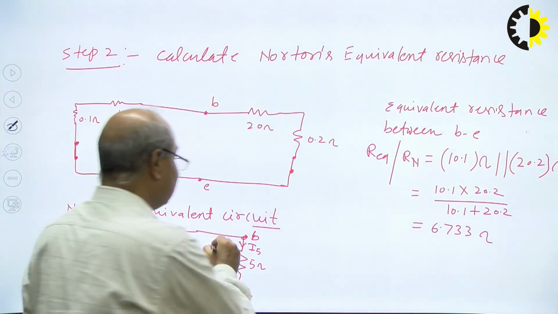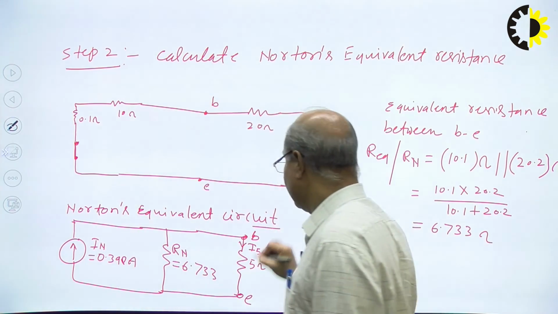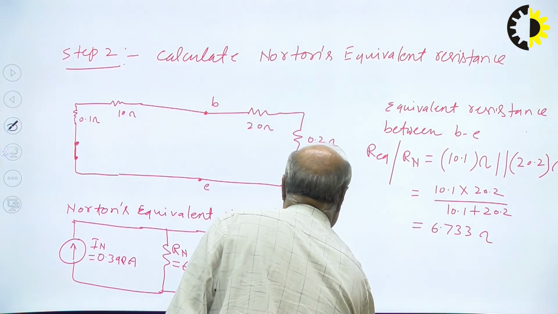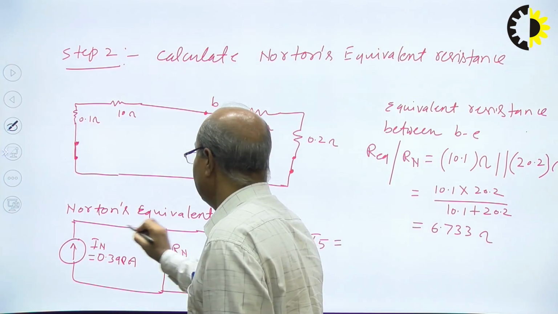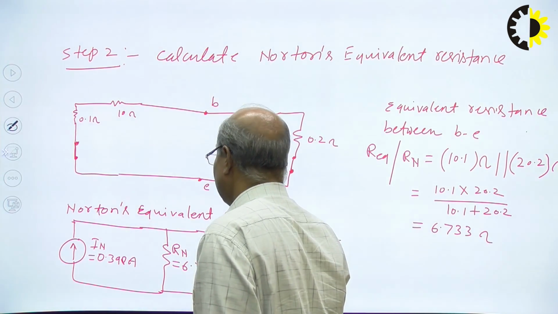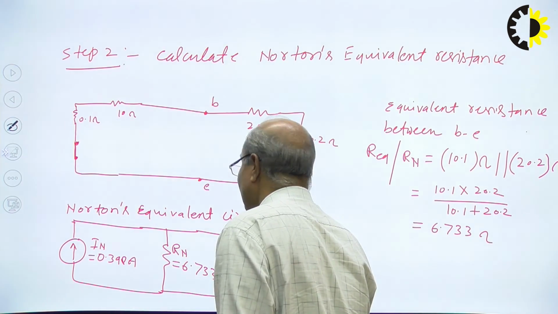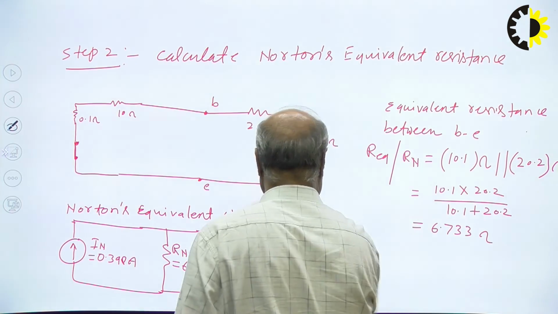Now we can very easily calculate the current in the 5 ohm resistor, or the current in branch BE, by the current division rule. This current will be divided in two parallel branches. So the current in this branch will be equal to this current multiplied by this resistance upon this resistance plus this resistance.